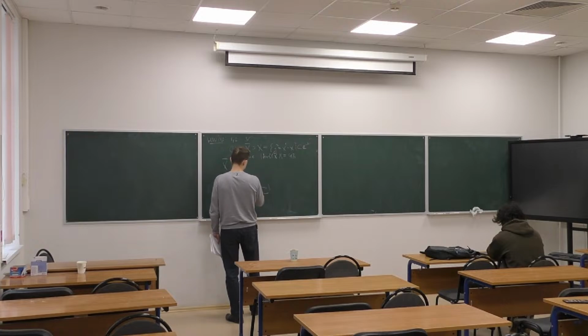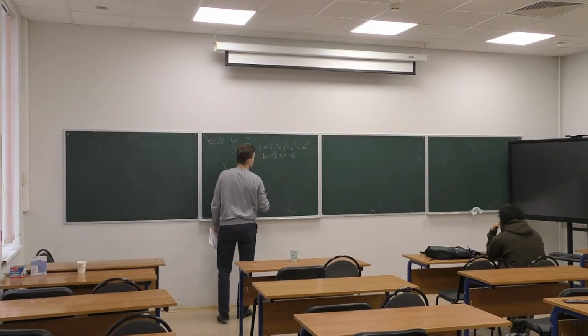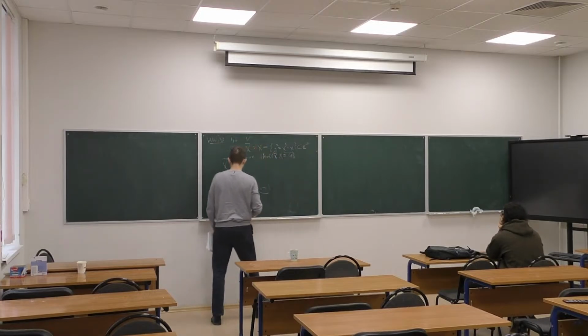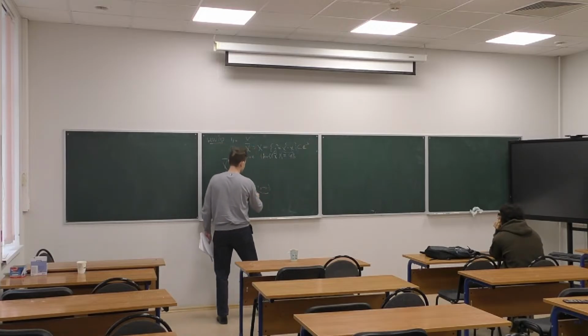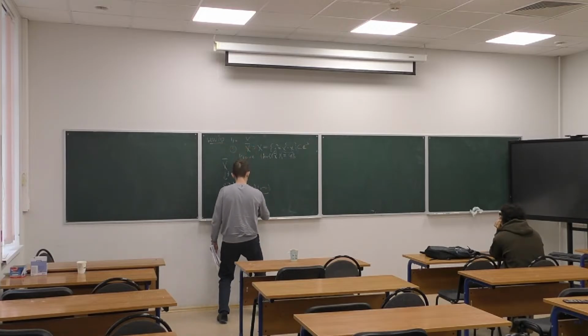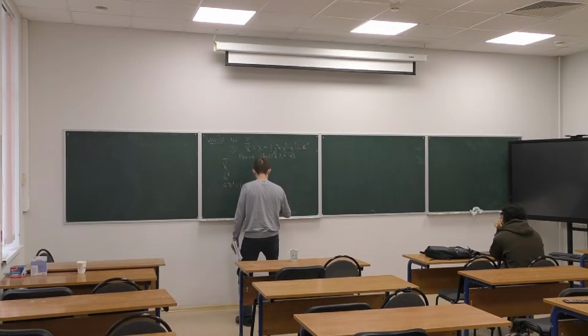These guys, 0, plus minus 1, plus minus i, are the roots of this polynomial. And all these points together with infinity are images of the Weierstrass points.